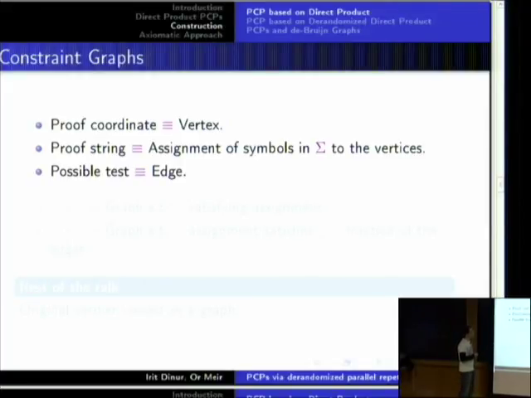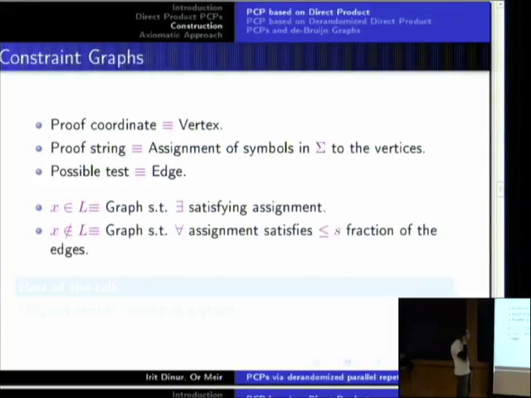An invocation of the verifier just corresponds to choosing a random edge in the graph and checking whether the assignment satisfies it. And finally, a correct claim now corresponds to a graph that has some assignment that satisfies all the edges. And a false claim corresponds to a graph for which every assignment satisfies at most an s fraction of the edges.